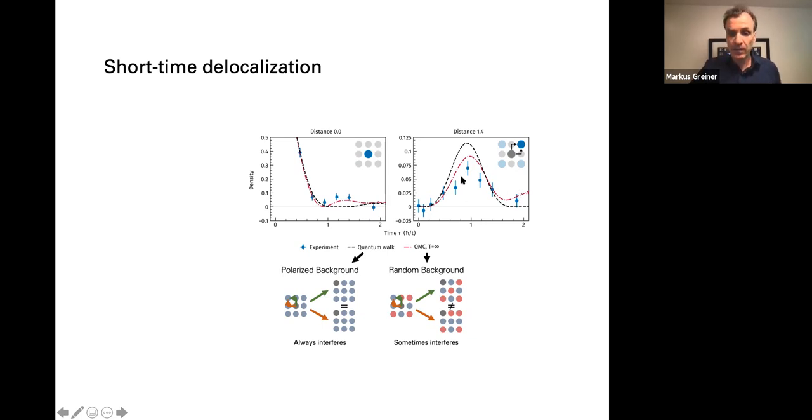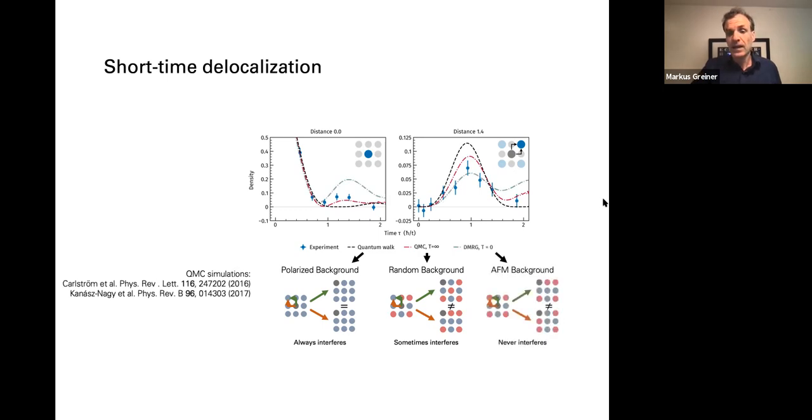So this is random background in a quantum Monte Carlo calculation. But if you actually start with an antiferromagnet, then pretty much each time you can tell which way the hole took, and so that should be further reduced, and that's in fact closest to what we observe experimentally.